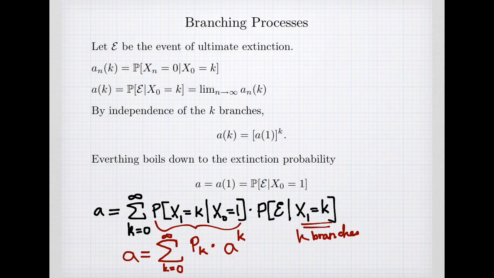So this is our amazing fact. The extinction probability solves the equation that value A equals the probability generating function of A.